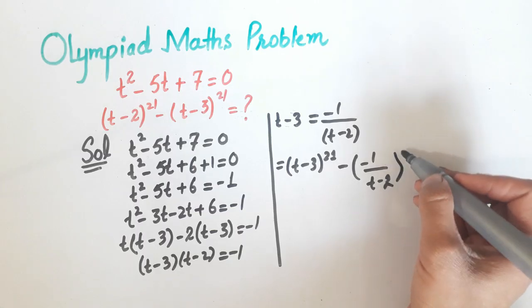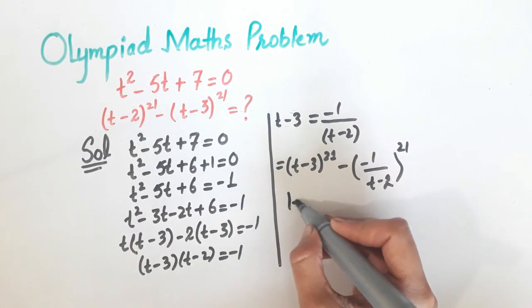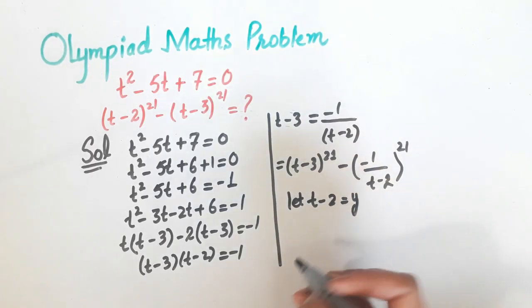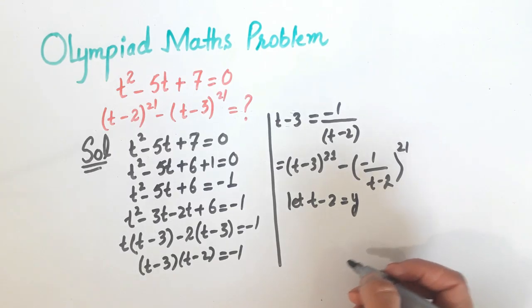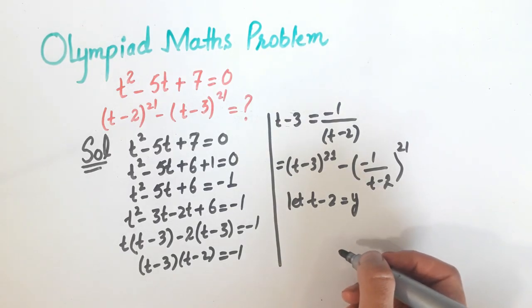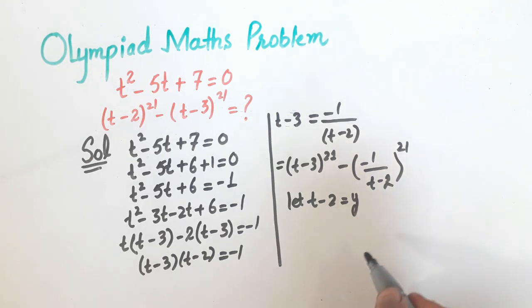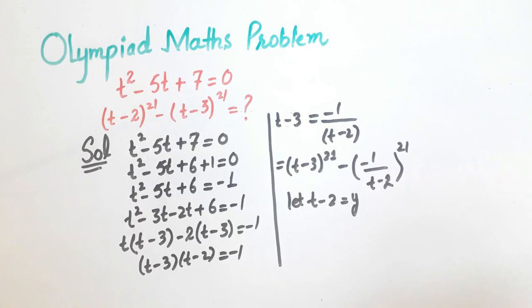Let's consider a supposition here that t minus 2 is y. So we can write this as y. So we have (t minus 3) power 21 and we have minus 1 by t minus 2.